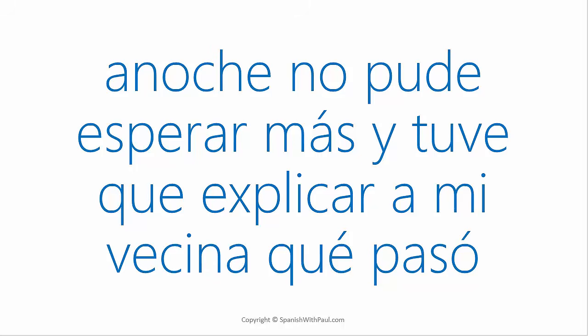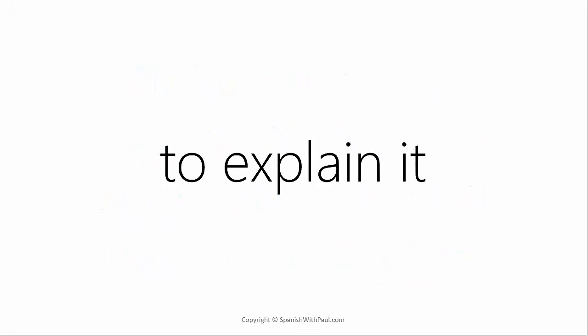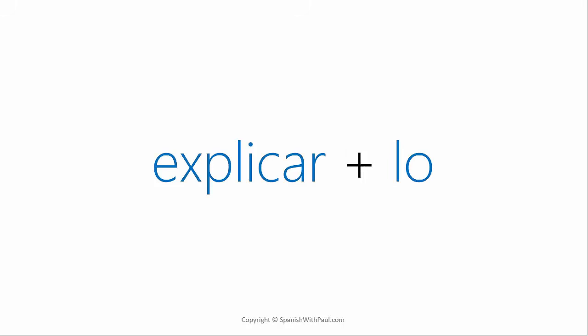Anoche no pude esperar más y tuve que explicar a mi vecina qué pasó. To express, to explain it, we take the verb explicar and we tag on the pronoun of lo. This lo stands for it. So we get the sound of explicarlo.